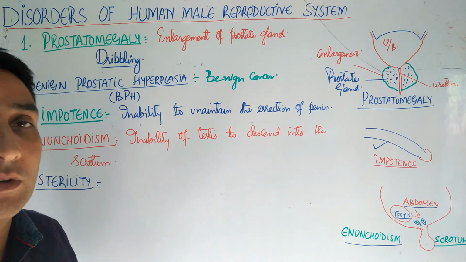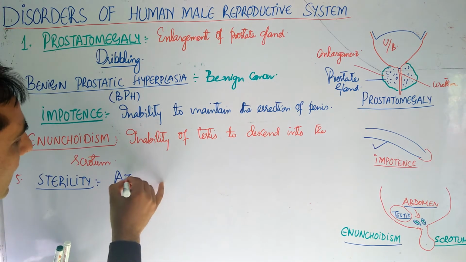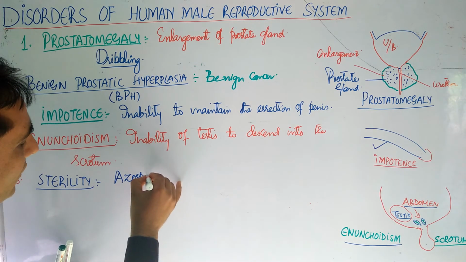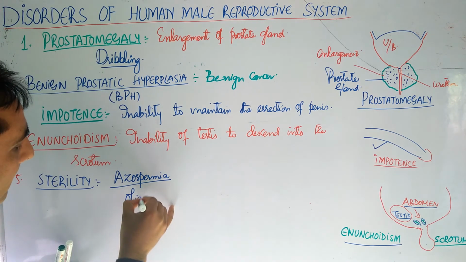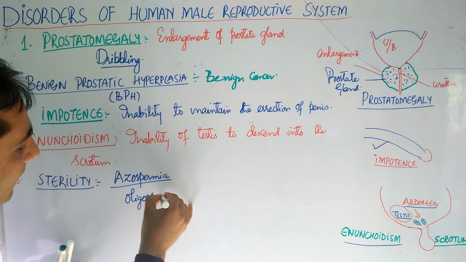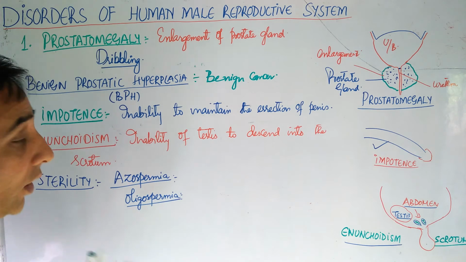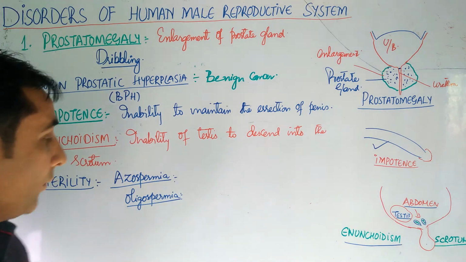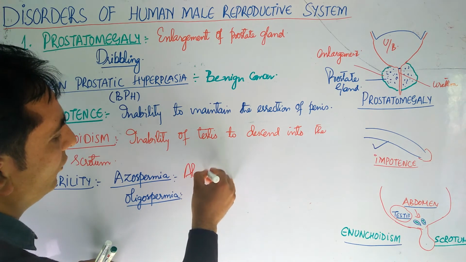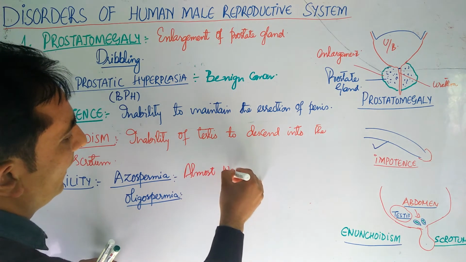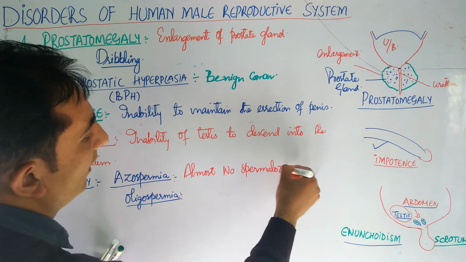In that condition, either azoospermia or oligospermia occurs. Azoospermia means almost no spermatozoa are produced, or almost no spermatozoa are found in the semen.